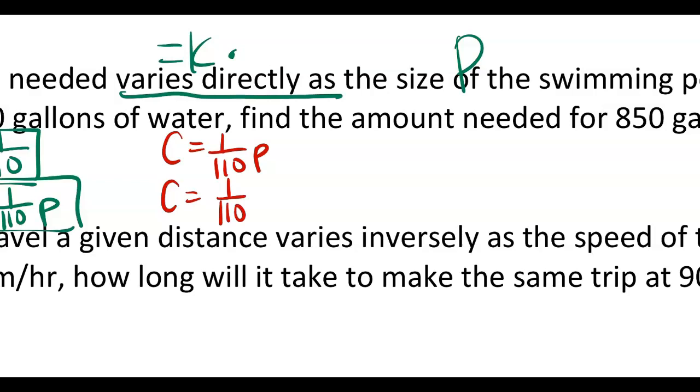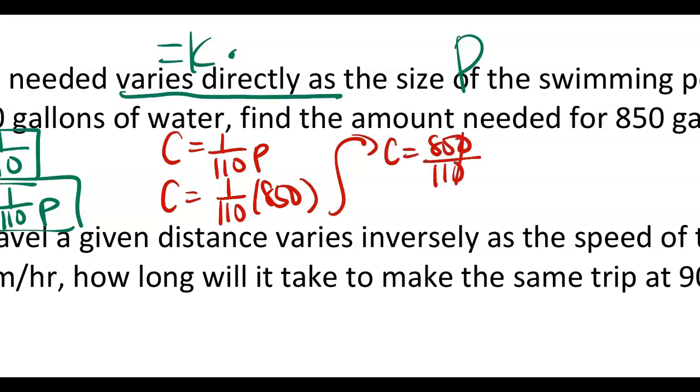So 1 over 110 times 850 means C is going to equal 850 divided by 110. This one will give you a decimal, so it should be okay for you to write it. If not, you can leave it as 85 over 11, because I don't think you can simplify 85 over 11. This is approximately 7.73 units.